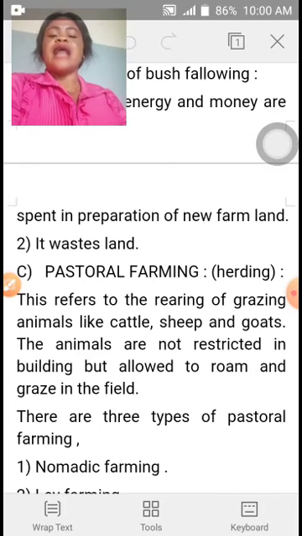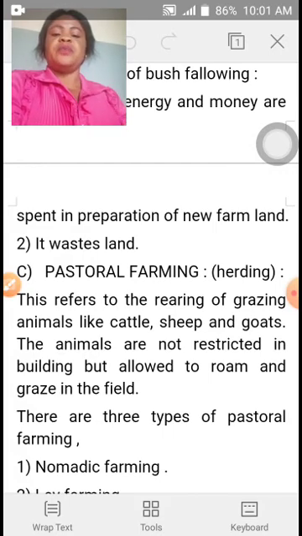The animals are not restricted in building, but allowed to roam and graze in the field. Yes, the farmer will not allow the animal to stay in one place. They will roam around to graze in the field.